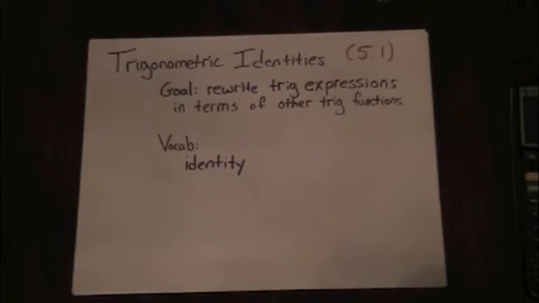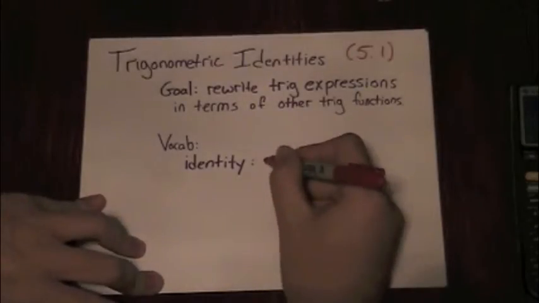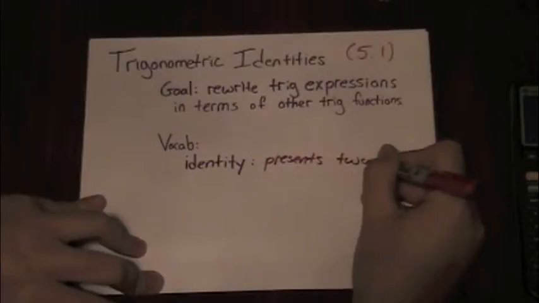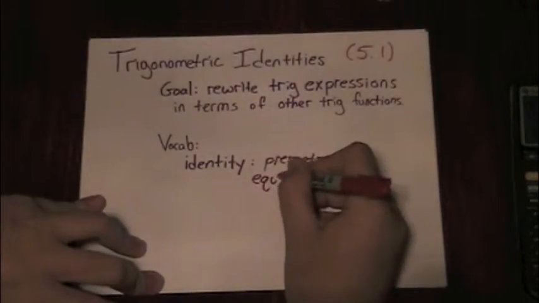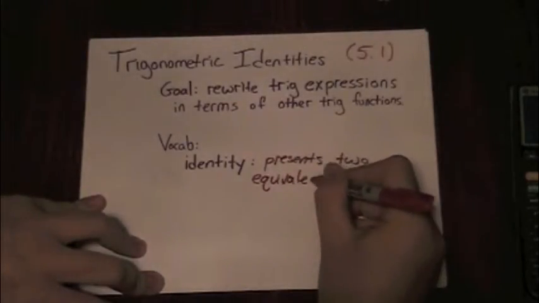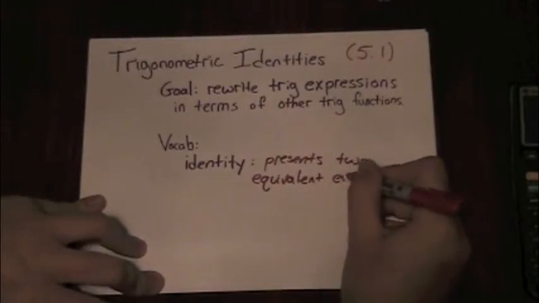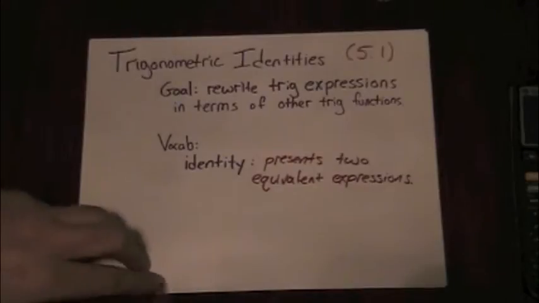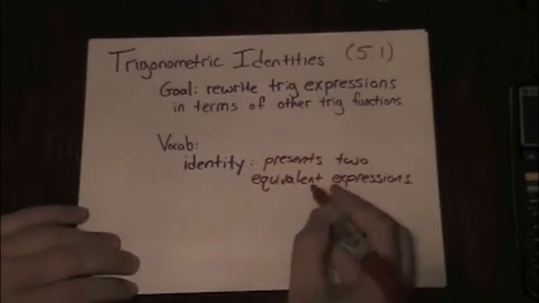First thing we need to know is the idea of an identity. In math, an identity presents two equivalent expressions. Two things that have the same meaning, that have the same identity.